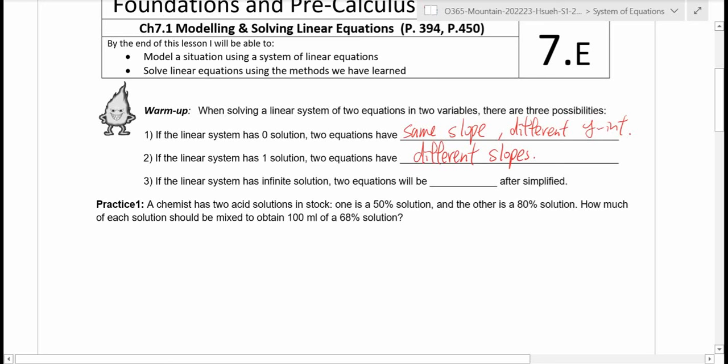If the system has infinitely many solutions, then these two equations will be identical after you simplify them, meaning same slope and same y-intercept. So that's essentially all we did last time, figuring out how many solutions we're going to have given the equations.